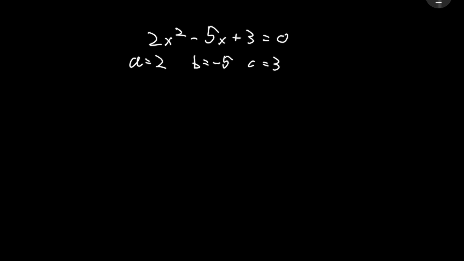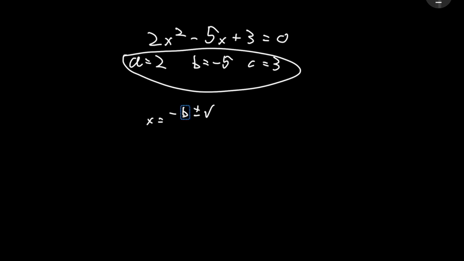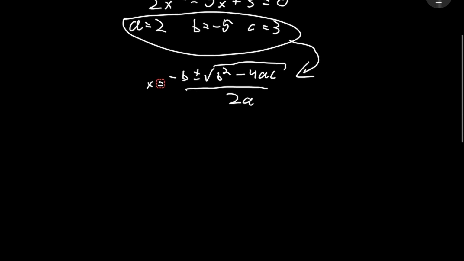Now, plug these numbers into the quadratic formula. So x equals minus b, which is minus 5.